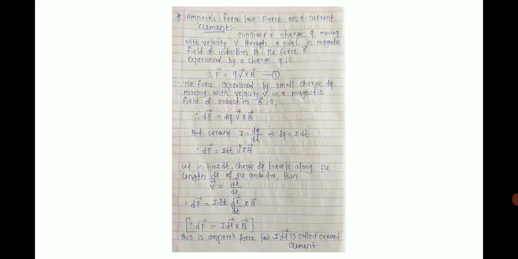Consider a charge q moving with constant velocity through a point in a magnetic field of induction B. Then that charge will experience a force, represented by F is equal to q v cross B. Equation number 1.